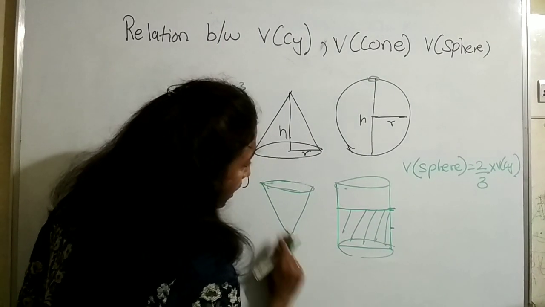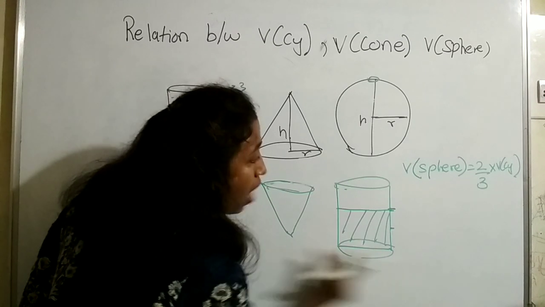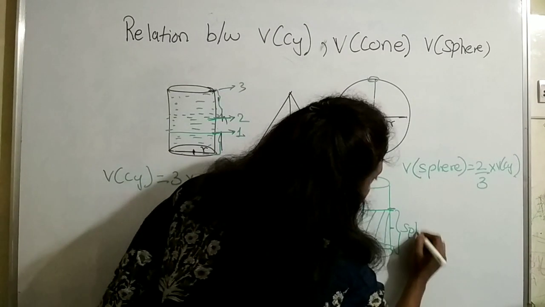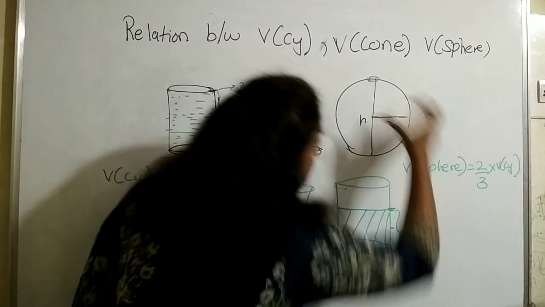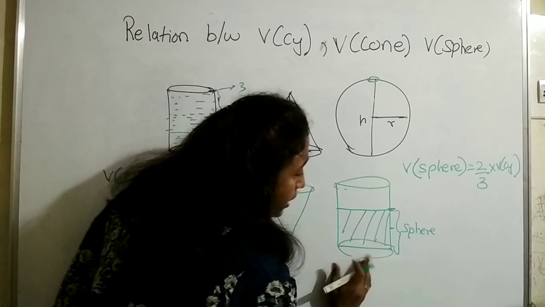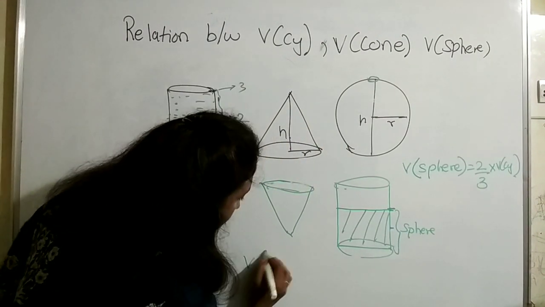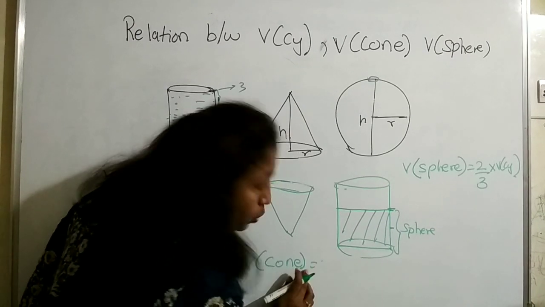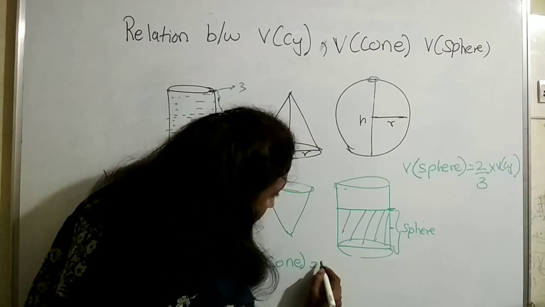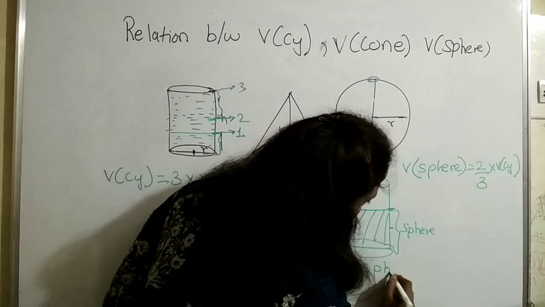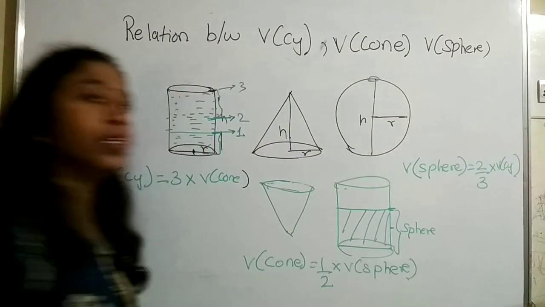Here we can say a cone is filling half the time. When I say sphere, when you are pouring one time, the cone is doing it 2 times. So when I say volume of cone is half of volume of sphere, let's understand this relation.